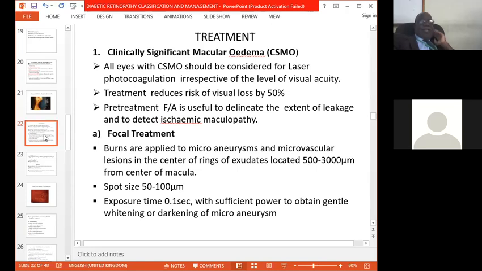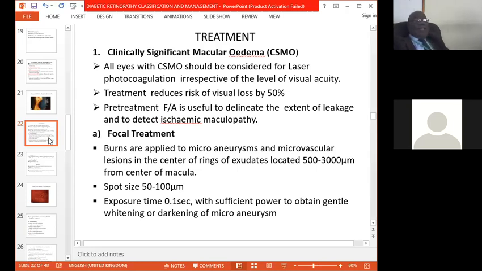Clinically significant macular edema treatment. All eyes with clinically significant macular edema should be considered for laser photocoagulation, irrespective of the level of visual acuity. Treatment reduces the risk of visual loss by 50%. In other words, you people might be working in the rural areas.